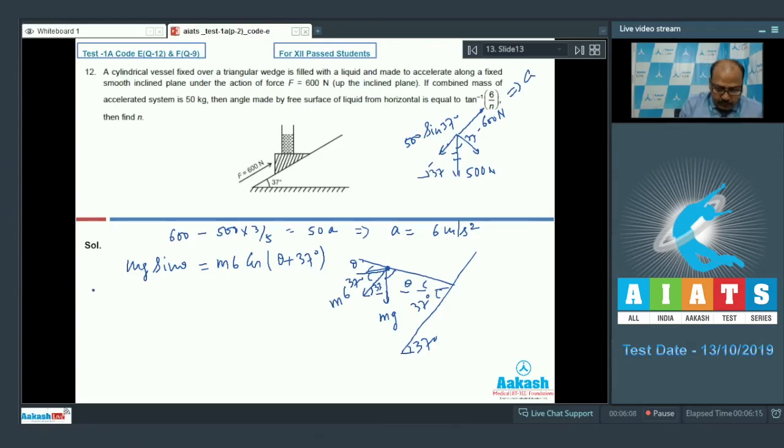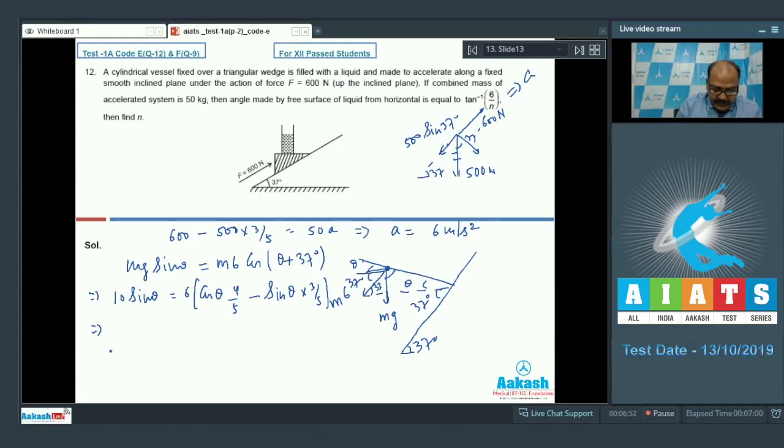Solving, we get 10 sin theta, m gets cancelled on both sides, equals 6 into cos theta cos 37 degree, which is cos theta into 4 by 5, minus sin theta sin 37 degree, which is minus sin theta into 3 by 5.